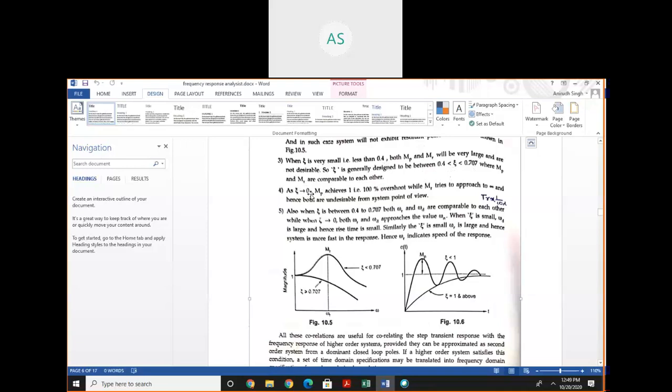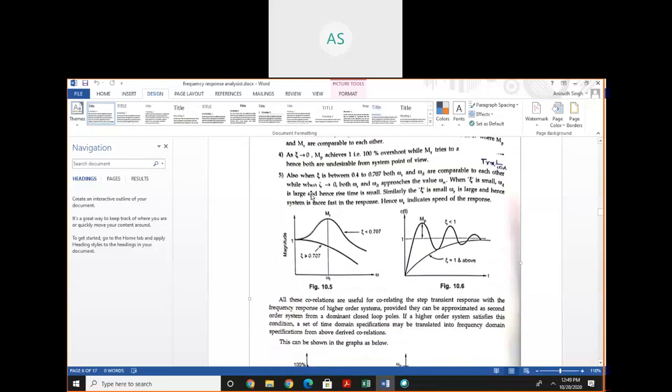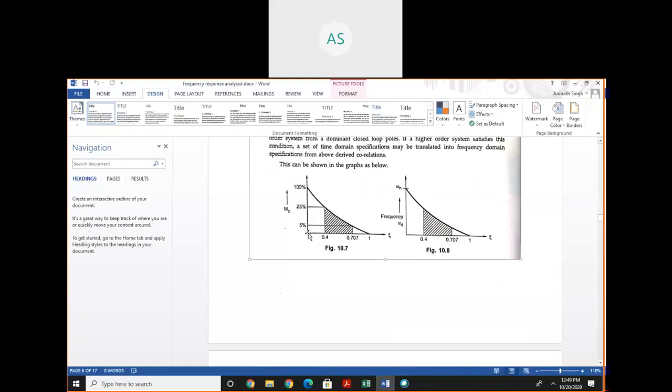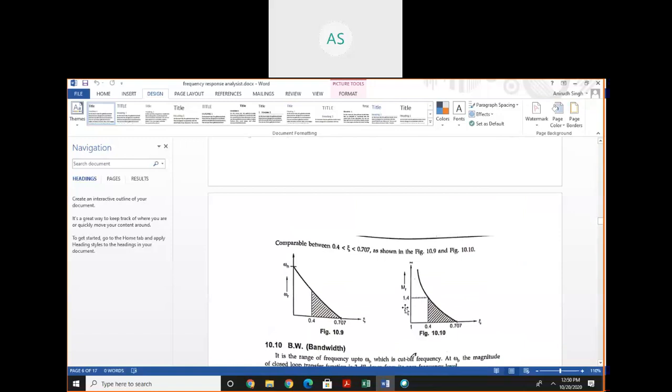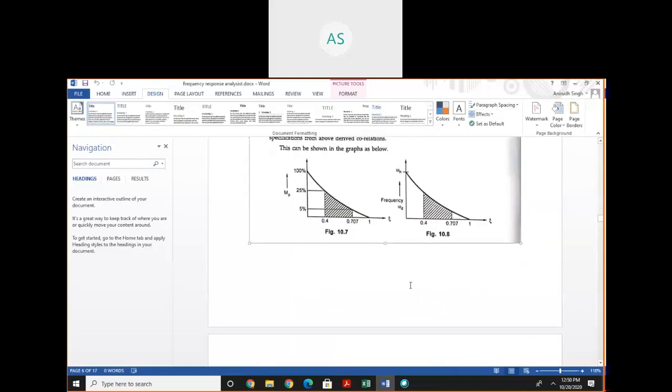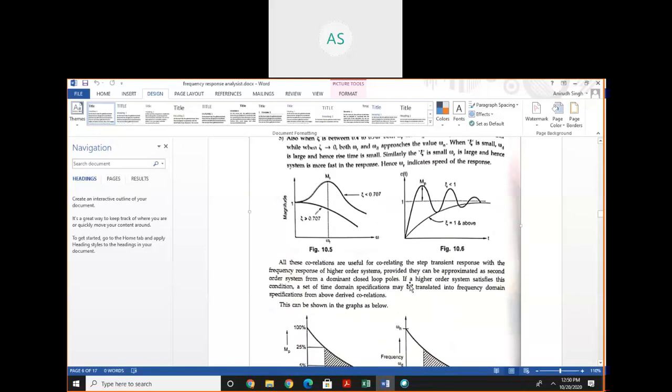In this case, both Mp and Mr are reasonable. As zeta approaches 0, Mp is 100%, and when zeta approaches 0, the value of Mr is infinite.